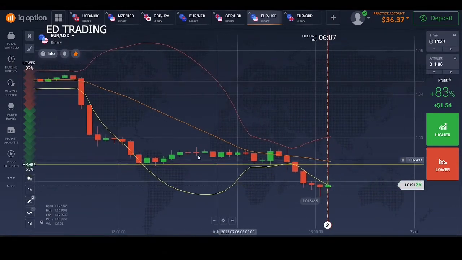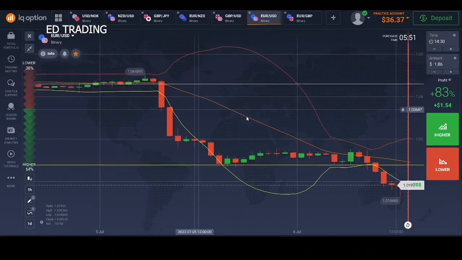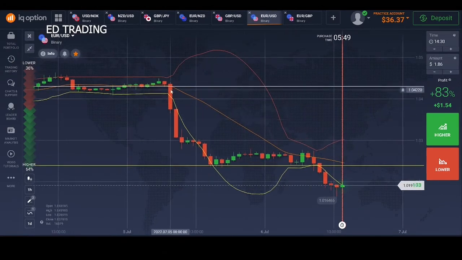Then you wait for the cross. At the cross here, you sell, you sell, you sell. Then if you lose, you keep selling. If you lose twice, then you stop, or you just sell once or twice, then you stop selling so that you don't lose much of the money.